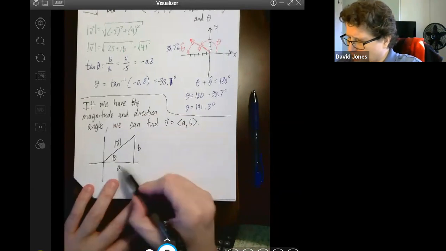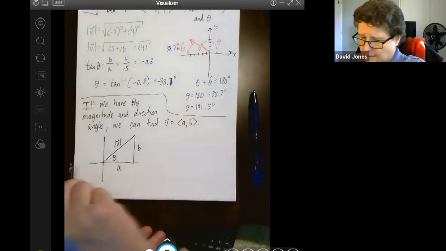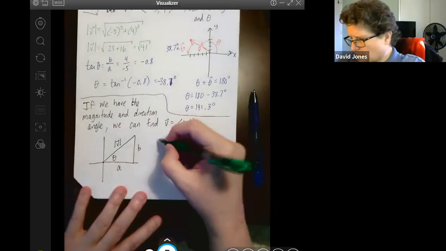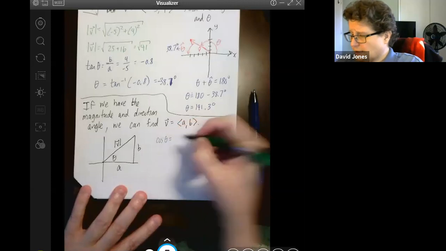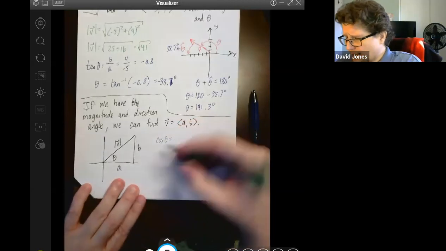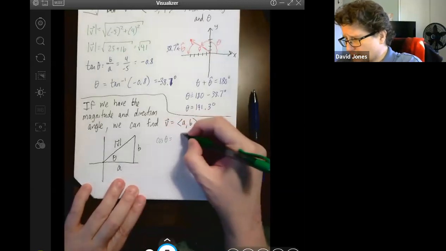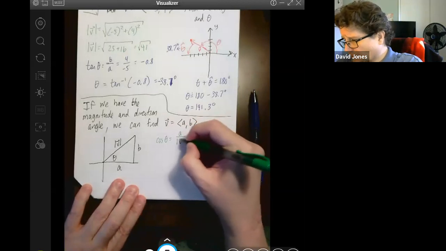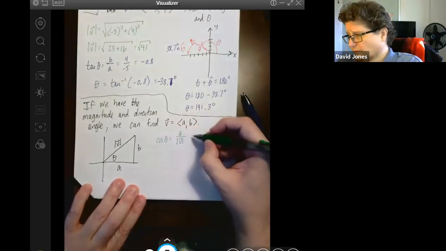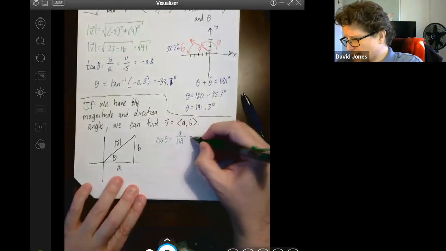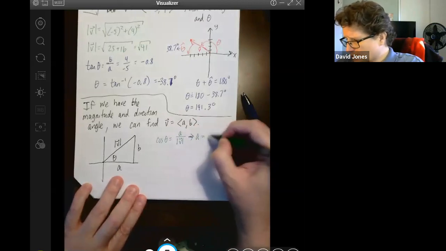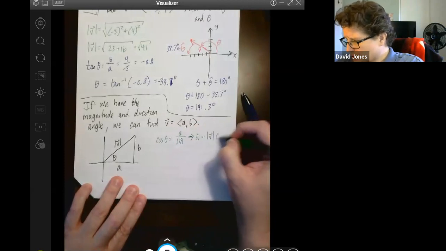So if we look at cosine of theta, cosine of theta is adjacent over hypotenuse. And it tells us A equals the magnitude of V times cosine of theta.